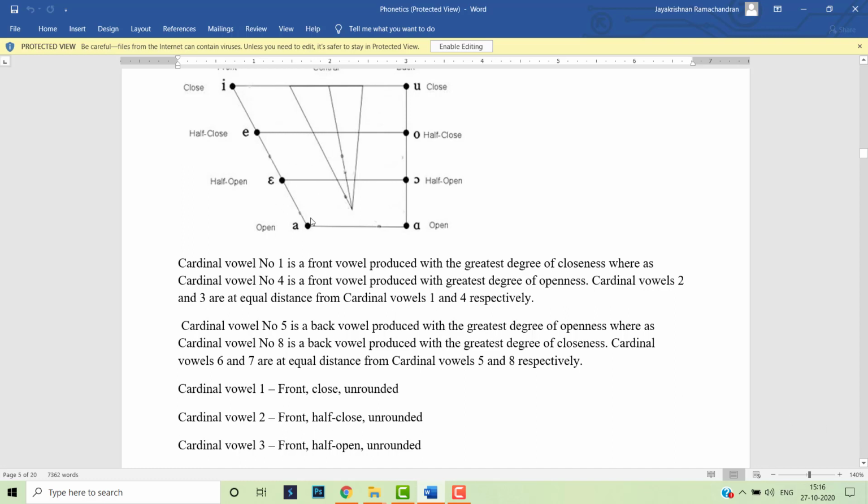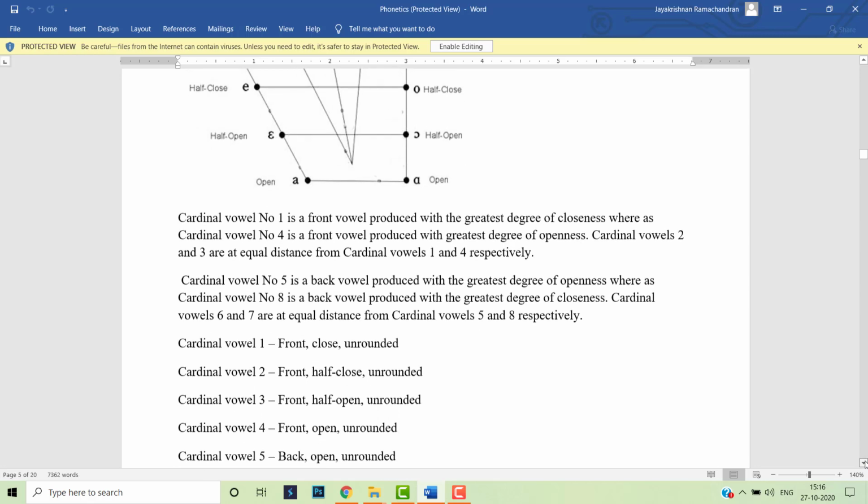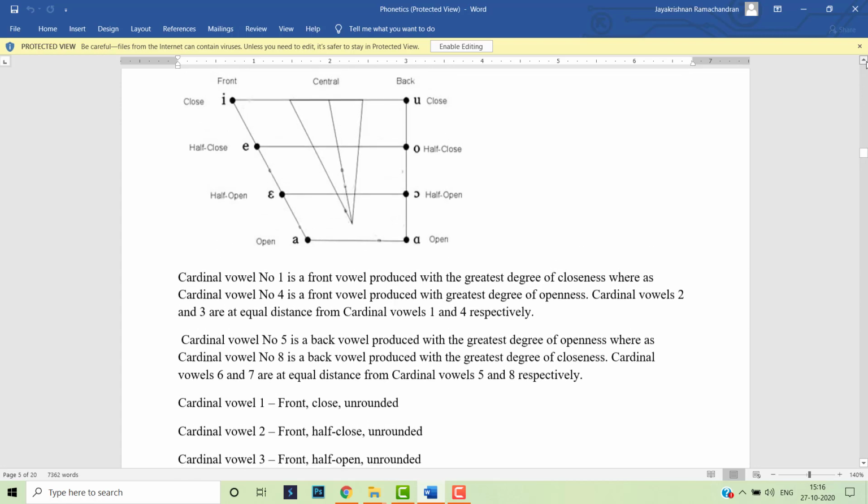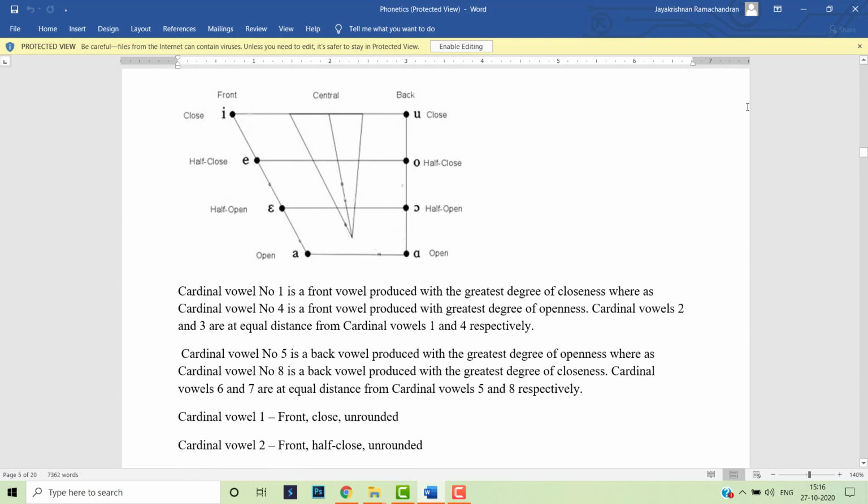Cardinal vowel 4 is front, open and unrounded, because it is that sound we say. This is cardinal vowel 5, it is back, open, unrounded, because this is also that sound. Now cardinal vowel number 6 is a back vowel, half open rounded.